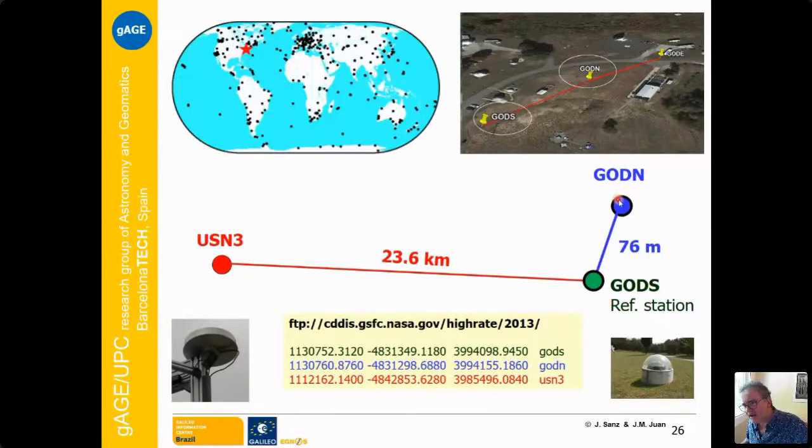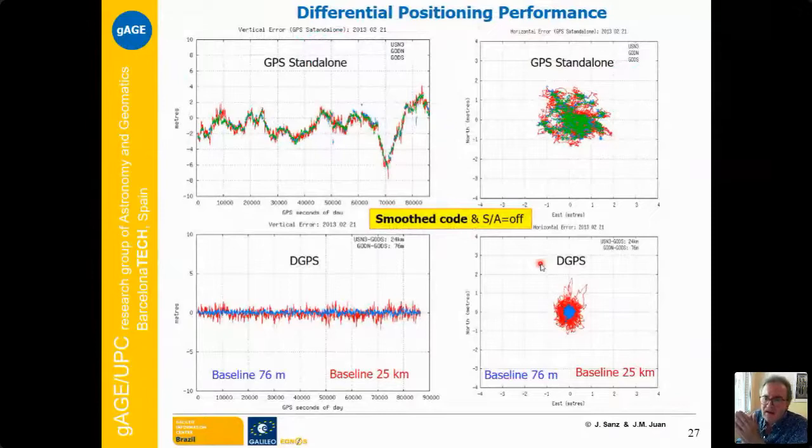And the baselines are 76 meters between GODN and GODS, and kilometers between GODS and USN3. Here we have 2 different baselines. Here the data was collected in the current situation where selective availability is disabled.